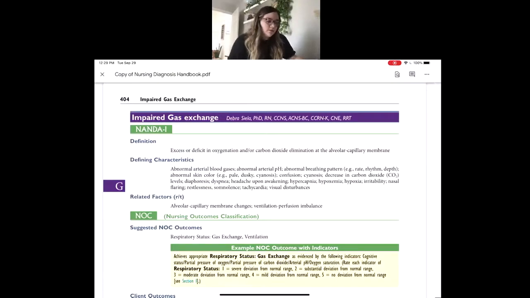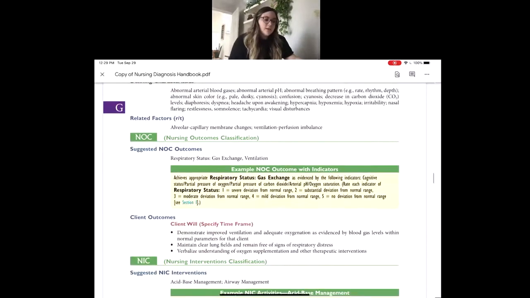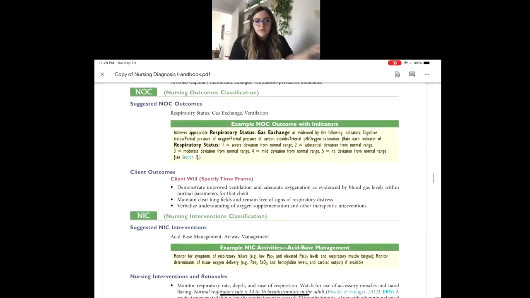So it'll give you the definition and defining characteristics. Here you can decide, oh yes, this is my patient. If not, go back to the front and see what that would be. Then your related to factors, which are also in your care plan. Nursing outcomes, it shares those with you. If you see client outcomes, those ones are really good.